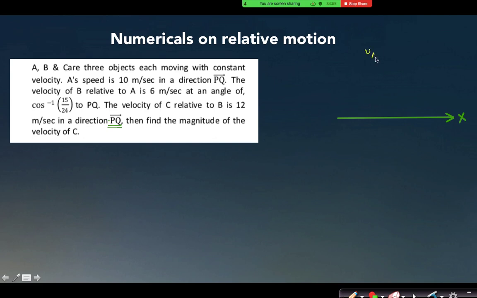Can I write it is 10 i cap? According to this convention that PQ is along the x-axis, I can say that the velocity of A is 10 i cap.